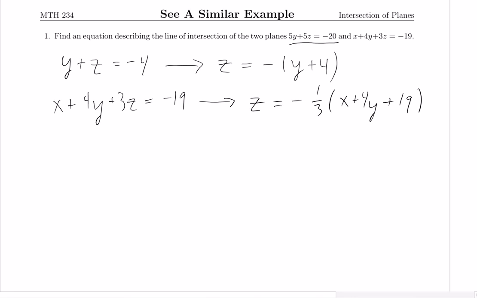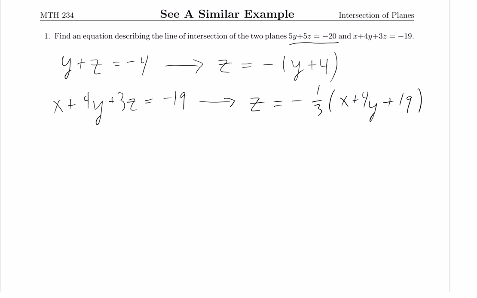Okay, so now we have two equations, and they're both solved for z. So z equals both negative y plus 4, and it equals negative 1/3 times x plus 4y plus 19. So since both things are equal to z, they are equal to each other.